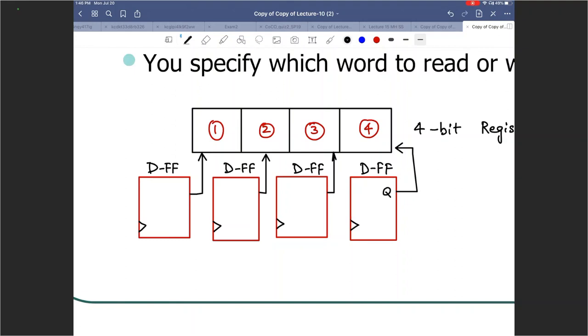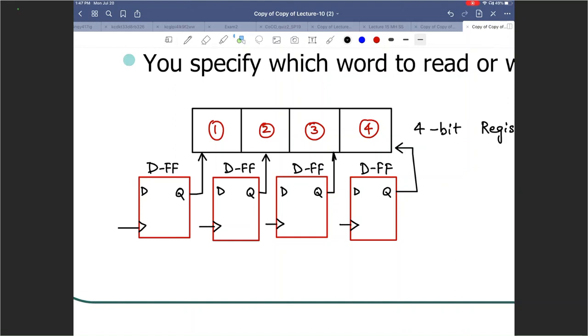And this is D, Q, D, Q, D, Q, D, and Q. So as you can see, if I use 4 D flip-flops, the output of each flip-flop is what dictates the contents of the register. So if I need a 4-bit register, I need 4 D flip-flops. And I can have them held in place because I can control whether I change things or not depending on what I connect to my clock input.